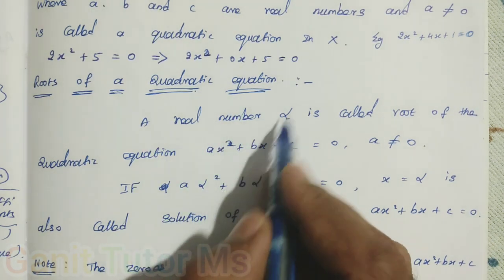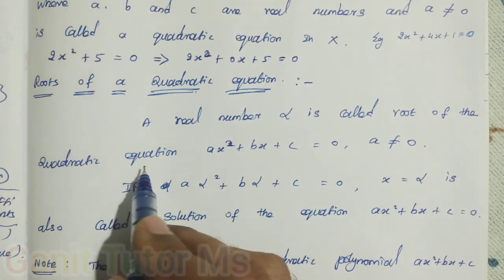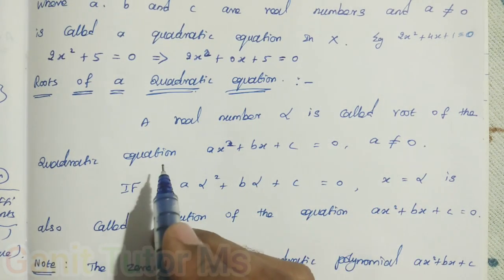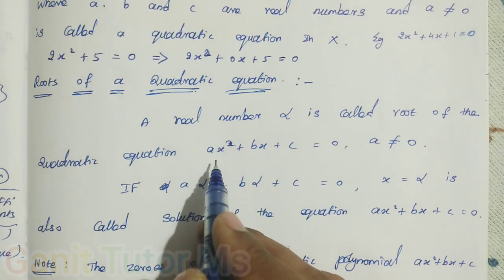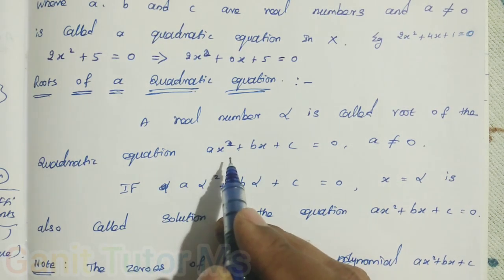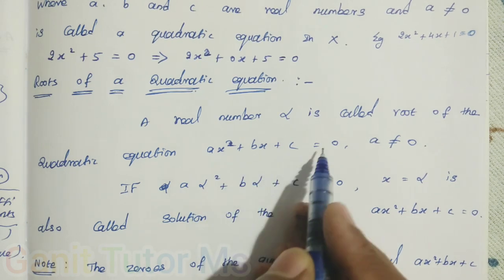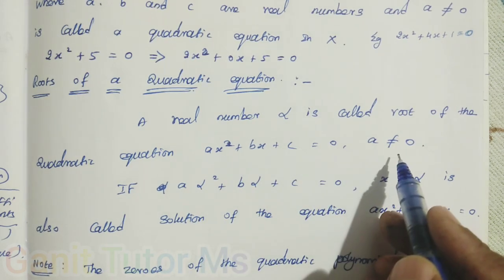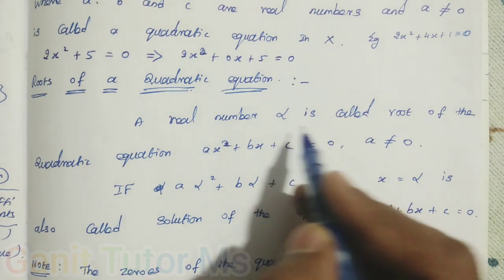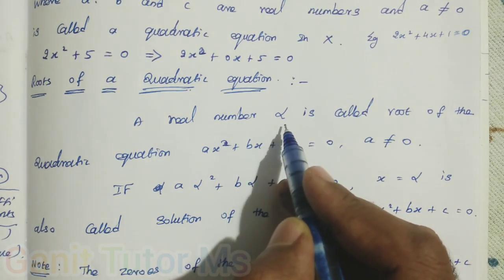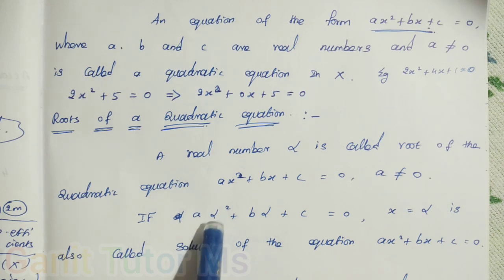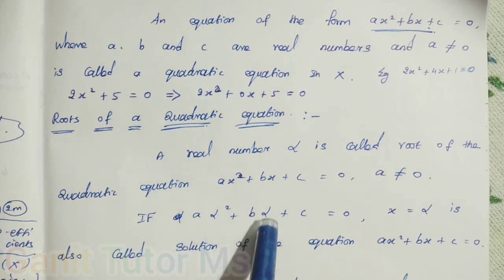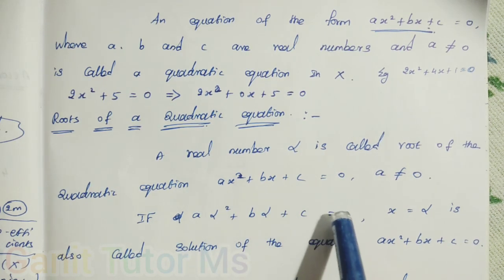So a real number alpha is called a root of a quadratic equation when alpha satisfies the equation, right? So we consider ax squared plus bx plus c equal to 0, where a is not equal to 0, then only it is a quadratic polynomial. If alpha is a root of this given polynomial, then a alpha squared plus b alpha plus c equals 0.